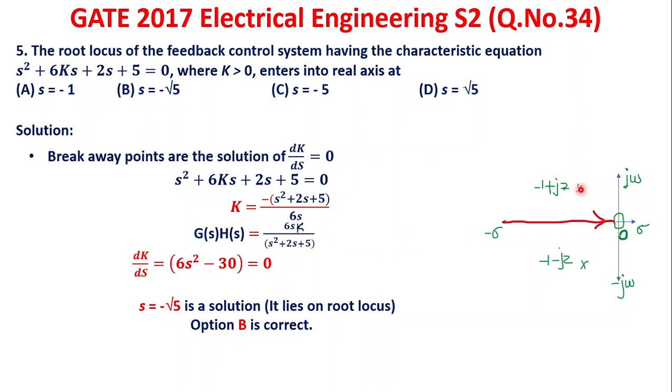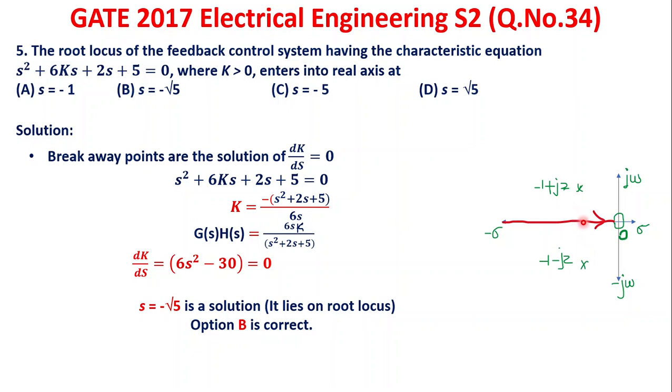Anyway, if we want to draw the root locus, we have to find the angle of departure of the root locus from the complex open loop pole. Anyway, that is a different ball game that we need not try. But from the root locus segment on the real axis, we can find that this is the only root locus segment. Therefore, root locus starting from here, somewhere they break away.